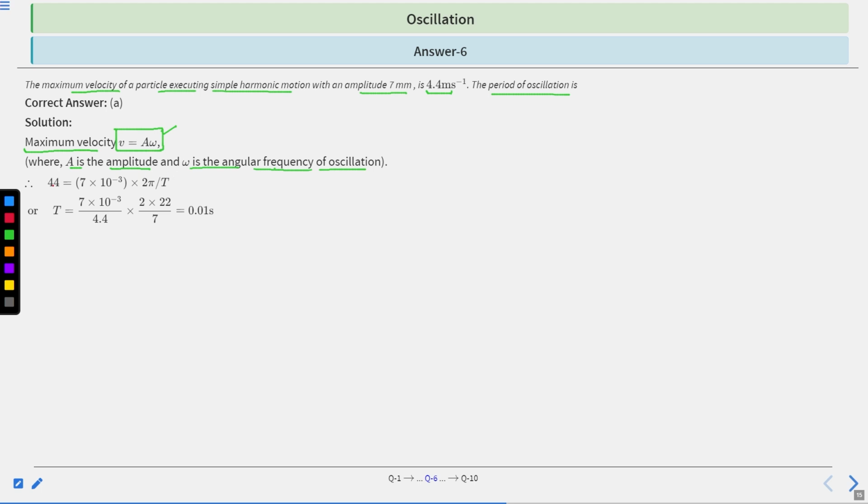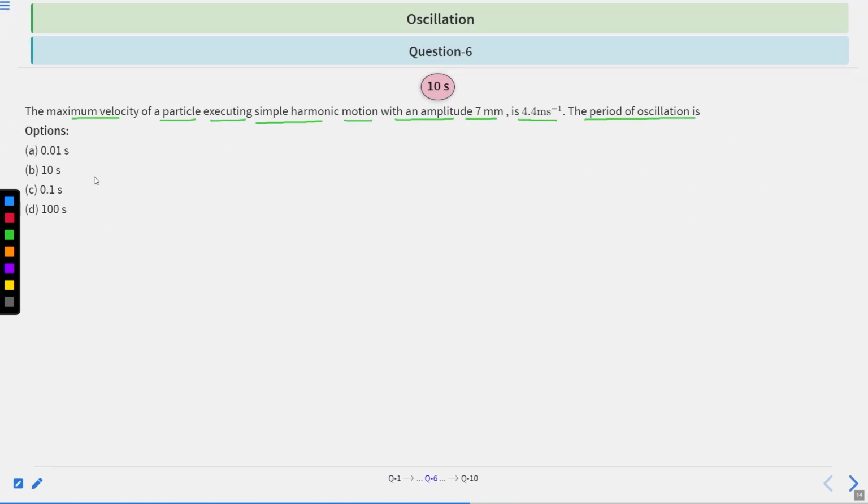When you solve this equation, you will get t equal to 7 into 10 raised to the power minus 3 divided by 4.4 multiplied by 2 into 22 divided by 7. After solving this, you will get t equal to 0.01 second. So 0.01 second is the correct answer. A is the correct option. Clear?